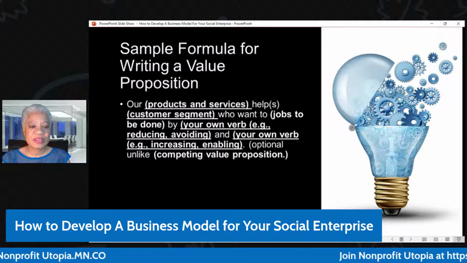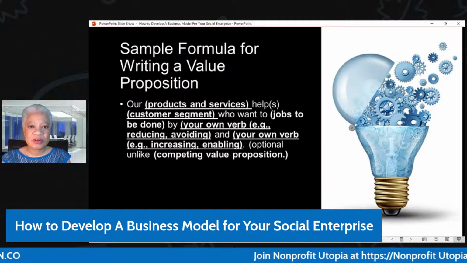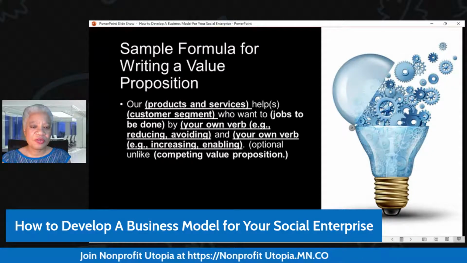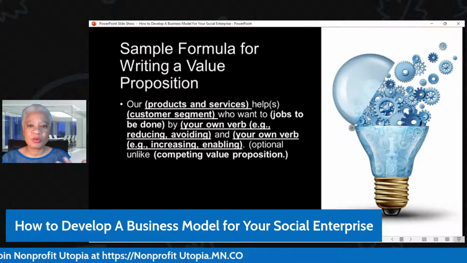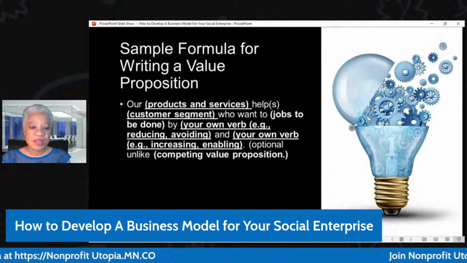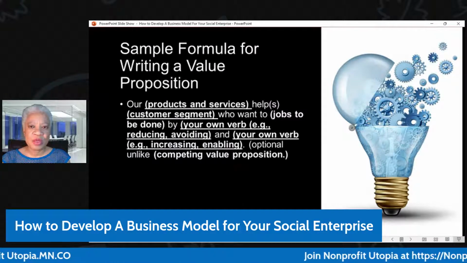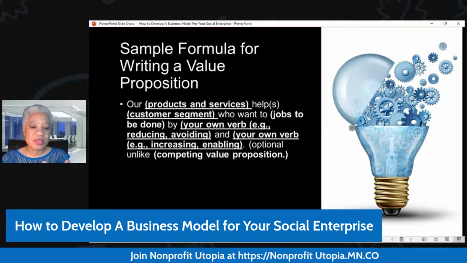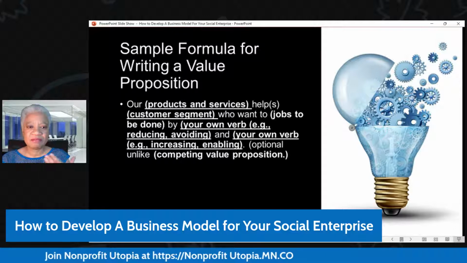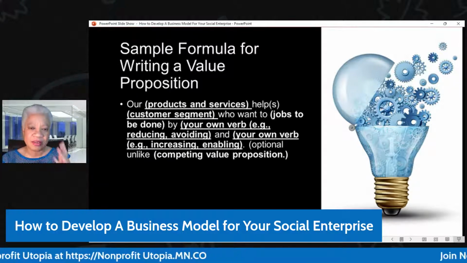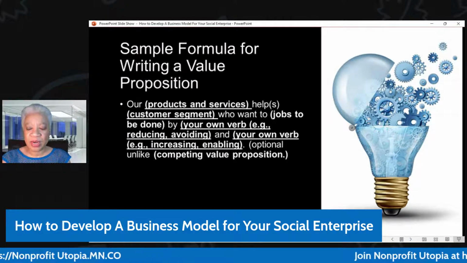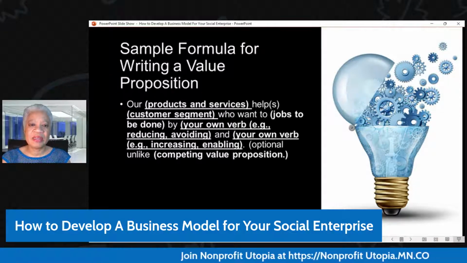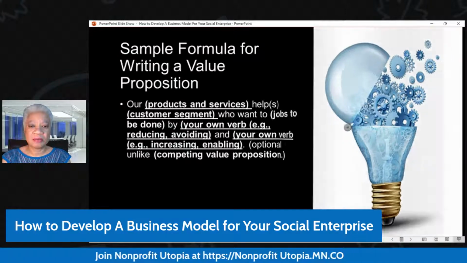Our products and services help whatever customer segment that you are addressing, who want to achieve a certain result, and you're going to tell how you help them achieve the result. And then if you want to, you can say something to the effect of, unlike a competing value proposition. This could be a competing product, it could be a competing source of income.